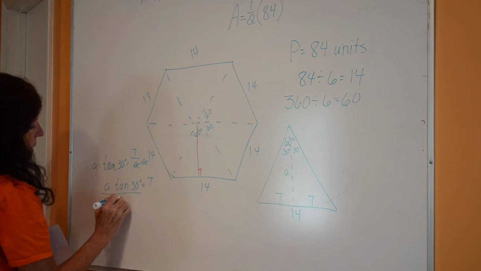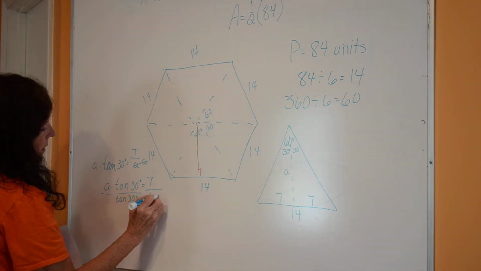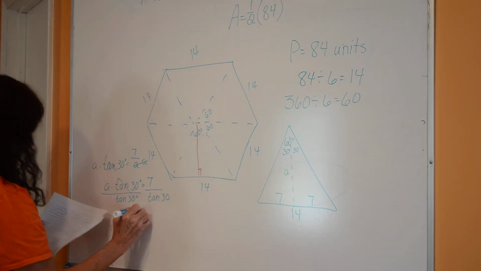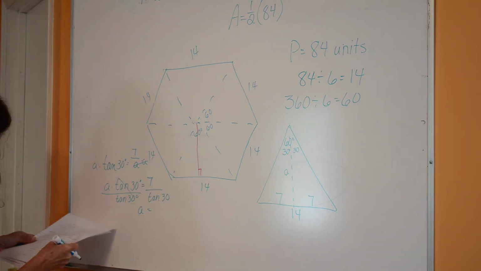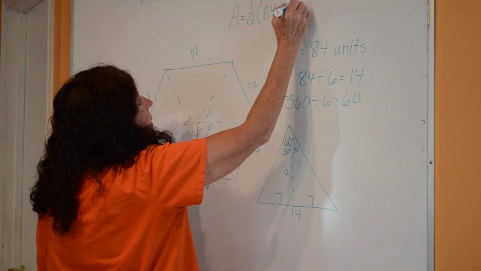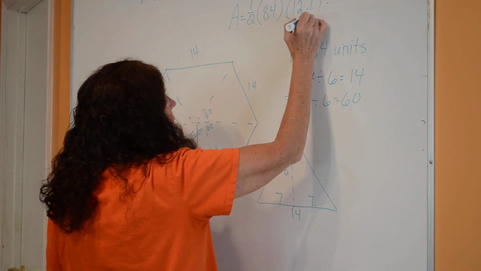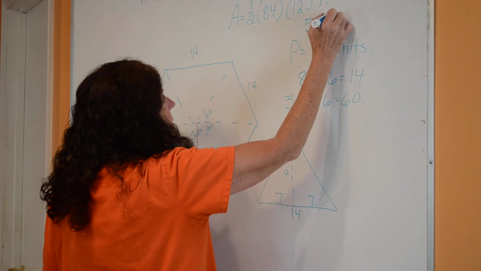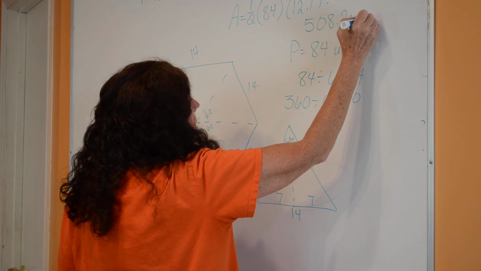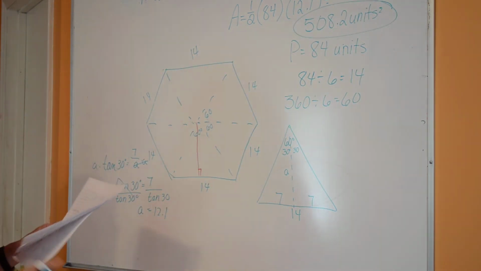I'm going to divide both sides by the tangent of 30, and I'm going to find that the apothem is equal to 12.1. Well, that's what's going to go up here to allow me to find the area of 508.2 units squared. And that's the area of this hexagon.